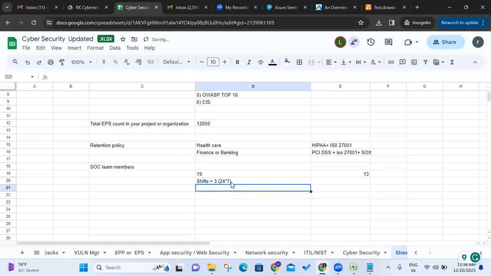Don't think you must work 24 hours; it depends on which company you are selecting. It matters. Take the example of an Australia shift.